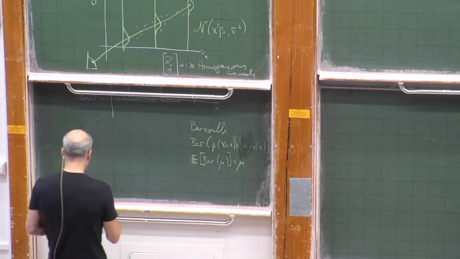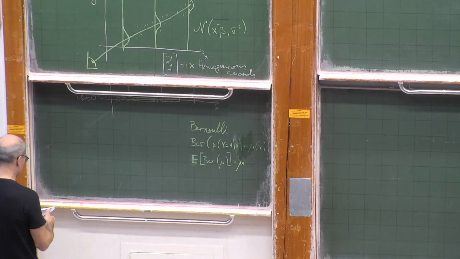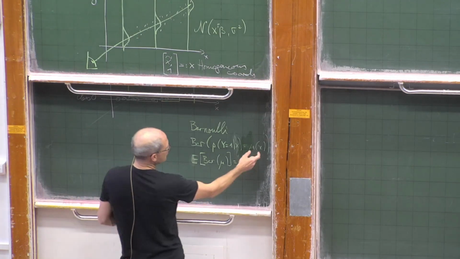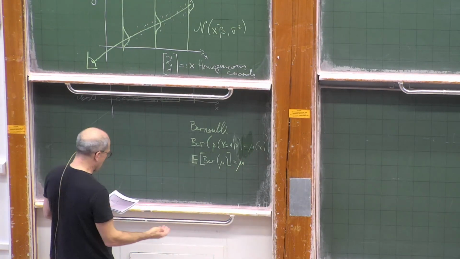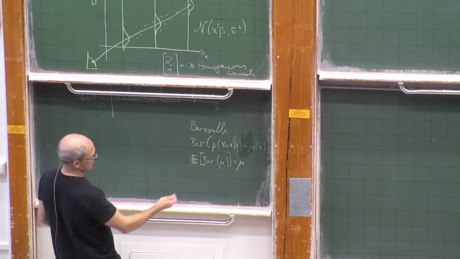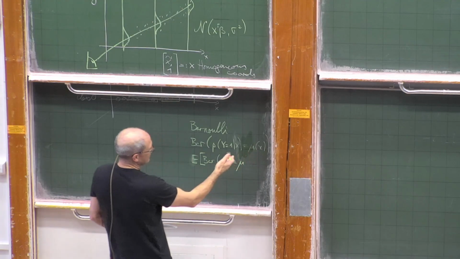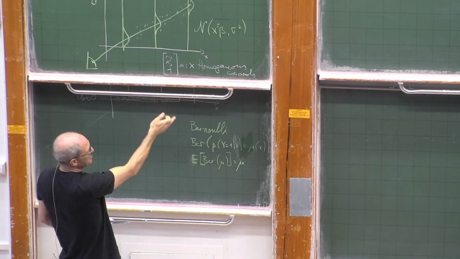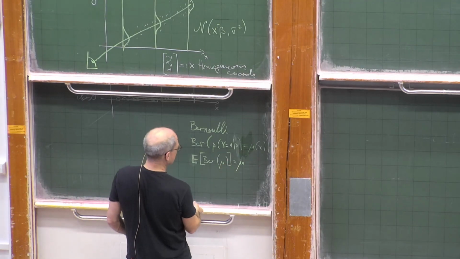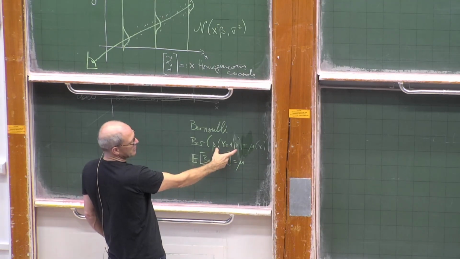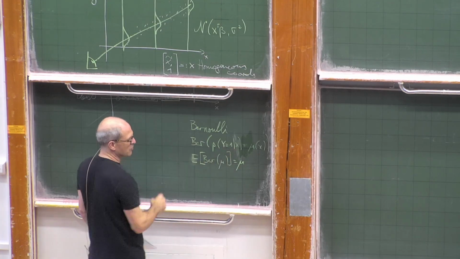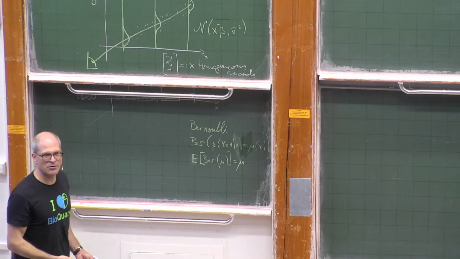But now the question is this mu of x, what functional form do we choose? We want something that's somehow linear in x, but this mu is a probability. So it must not take values below 0, and it must not take values above 1.